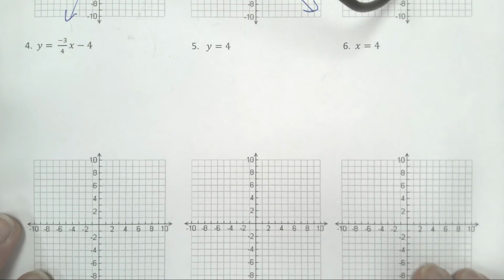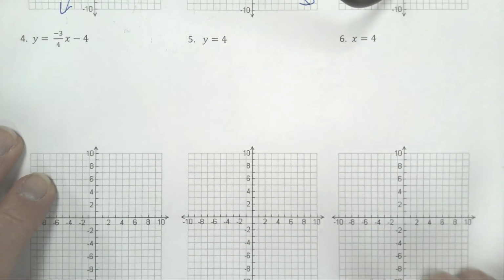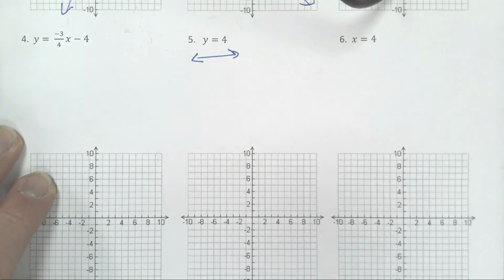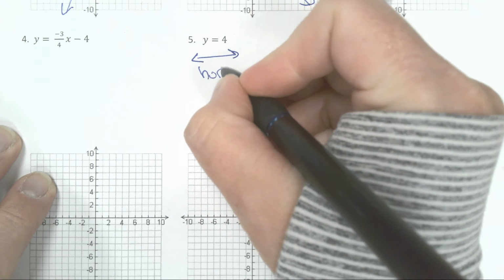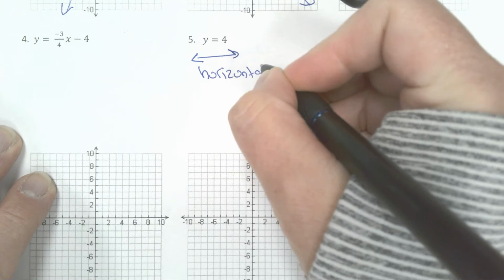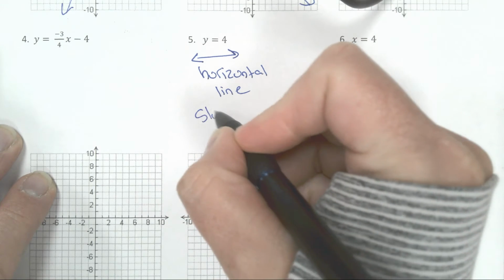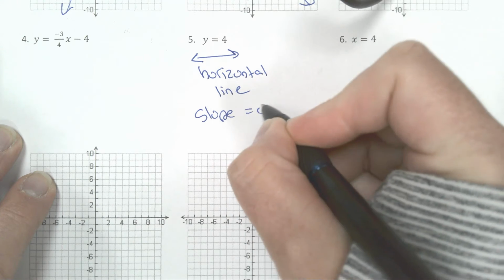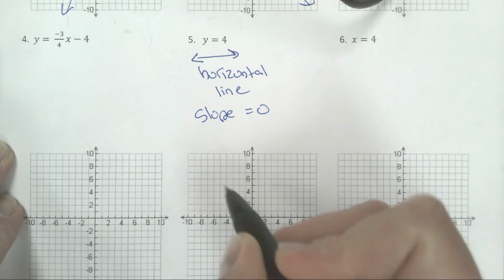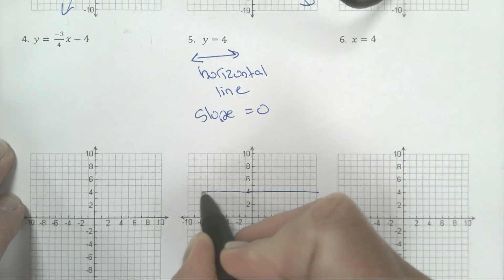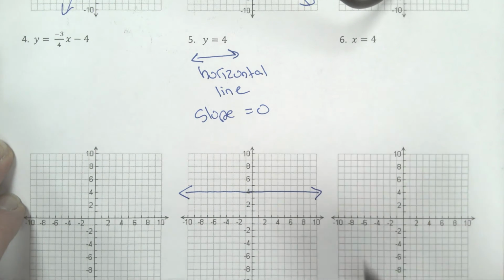There's a couple other odd ones. If you have y equals 4, it looks like this, and you're going to have a horizontal line. Horizontal lines, by the way, have a slope of 0. So that is the equation of the line y equals 4.